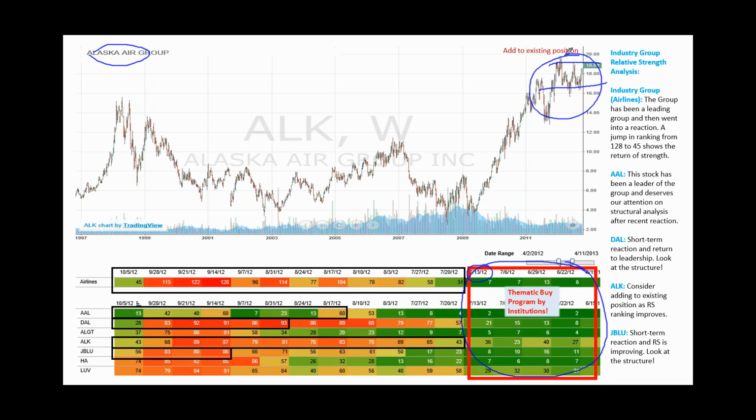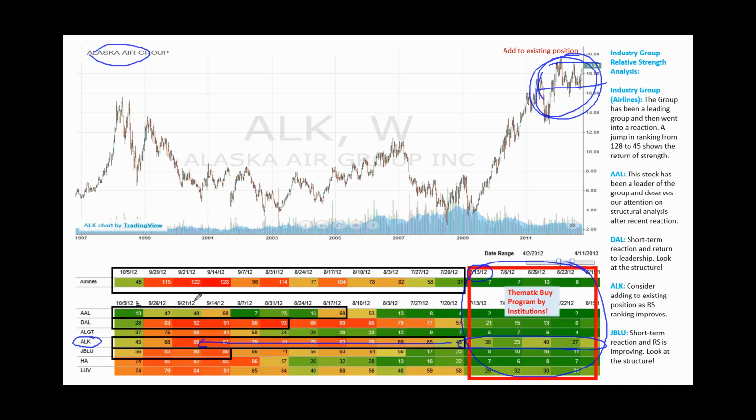And even for Alaska, we see that it's not anymore a short-term leading stock, but we see that from the elements of the leadership right here, it goes down in the ranking. And this is just all of this reactionary action by the price.